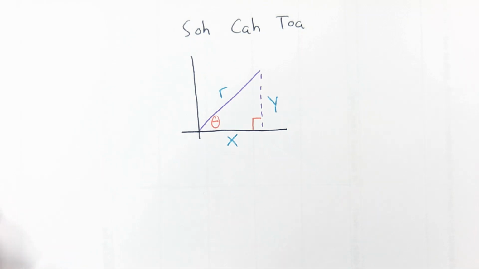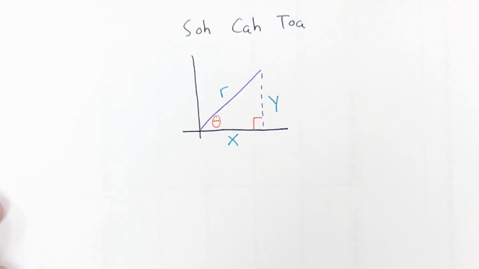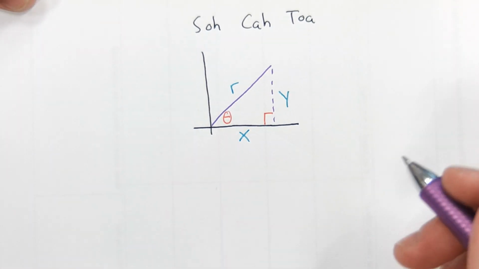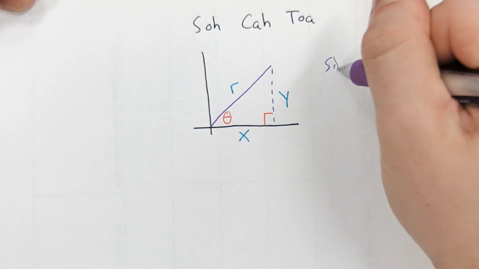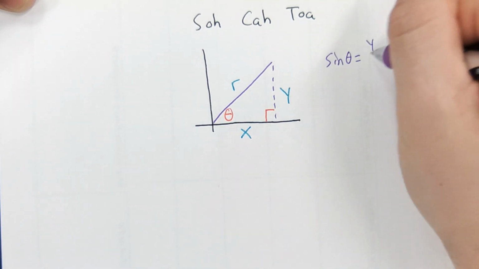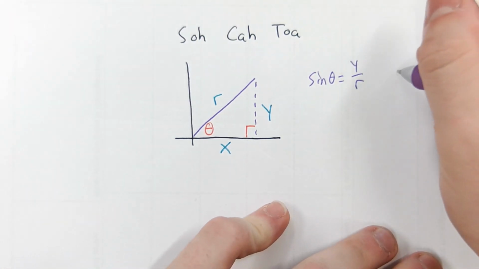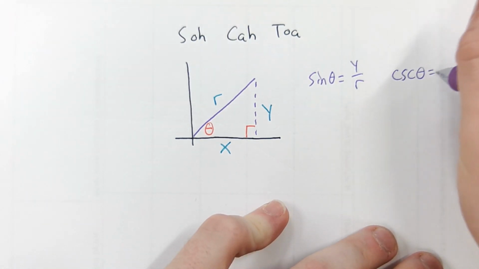So instead of saying that sine is opposite over hypotenuse, what we're going to say is that sine of theta is y over r. Its reciprocal then, cosecant of theta, is r over y.